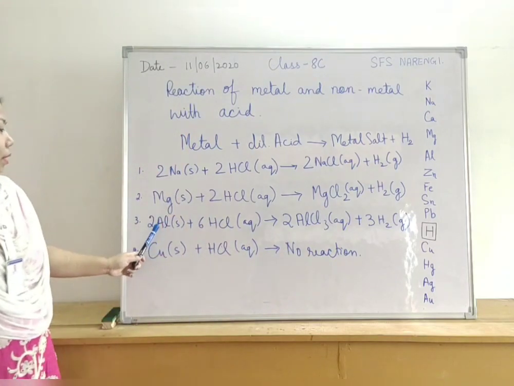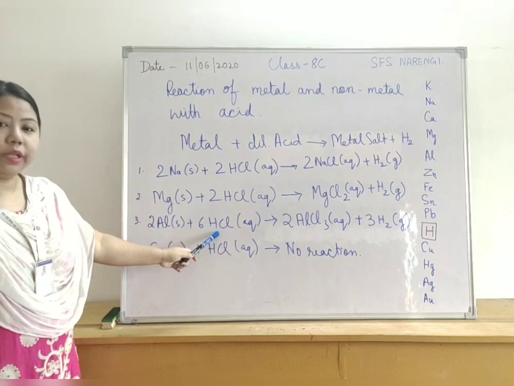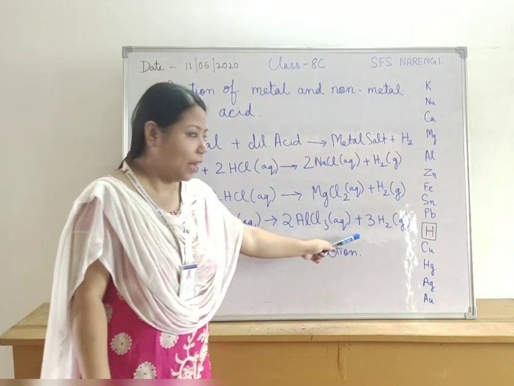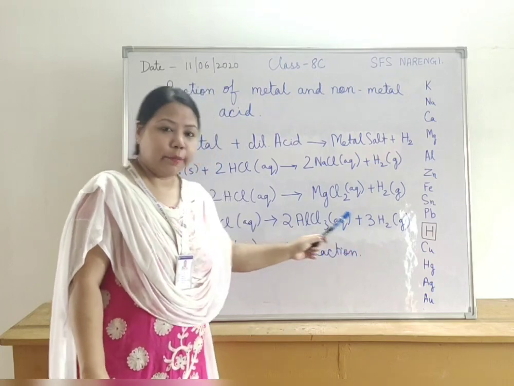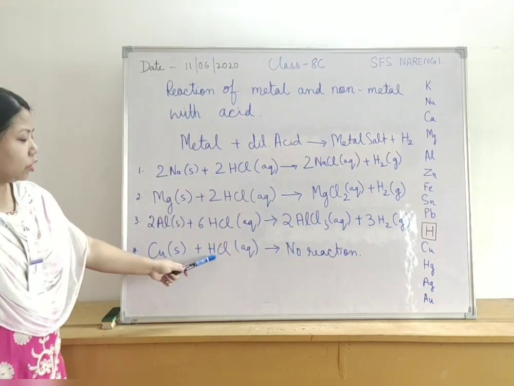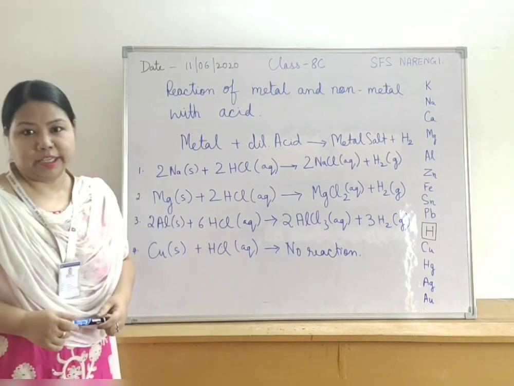Another example is aluminium reacting with hydrochloric acid, which produces aluminium chloride and hydrogen gas. But in the fourth case, you see that copper does not react with hydrochloric acid. Yes, no reaction takes place.